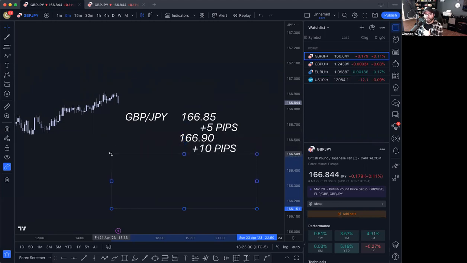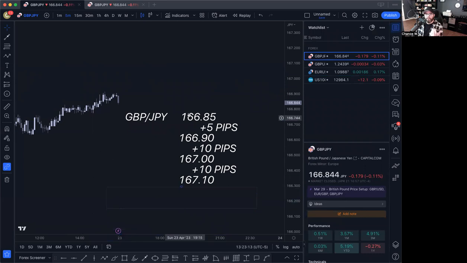If it goes up 10 pips from there, it becomes 167.00. And another 10 pips, you get the idea, it'll be 167.10. But sometimes you're going to see 3 decimal places, because depending on the broker and the chart feed you're using, they're going to give you more of this.